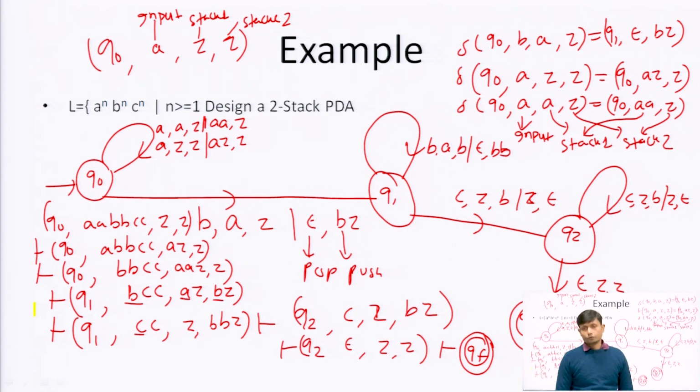For this we have to use a two-stack pushdown automata, and it is equivalent to a Turing machine. You can also say this is the linear bounded automata. So if any context sensitive language is given, we can design a pushdown automata, but we have to use two stacks.